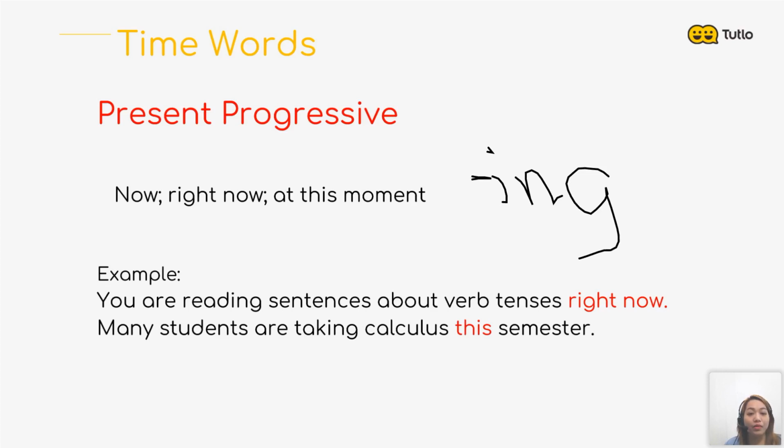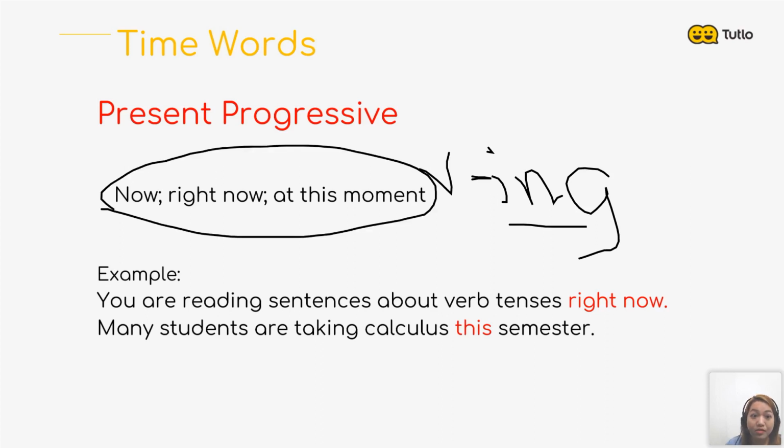For example, these are the words or phrases that you can use to talk about present progressive. You are reading sentences about verb tenses right now. Good. Many students are taking calculus this summer at this moment.